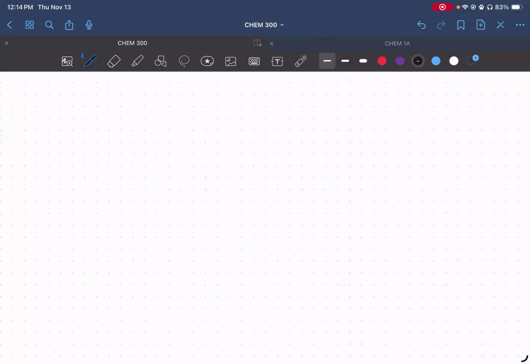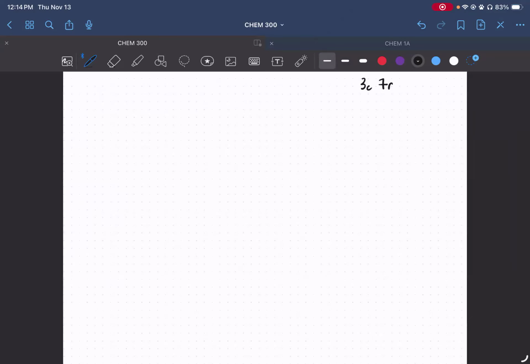I'm going to draw a table. This table looks like 3 columns and 7 rows. I'm going to write it up there so you can draw it yourself. But this is going to be 3 columns, 7 rows.